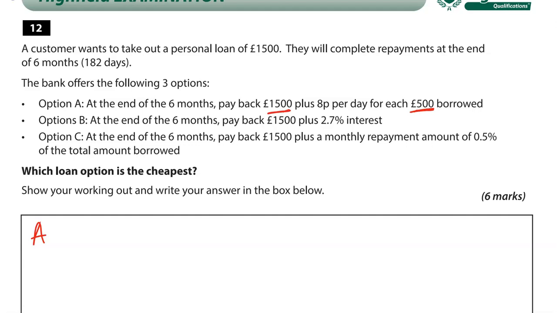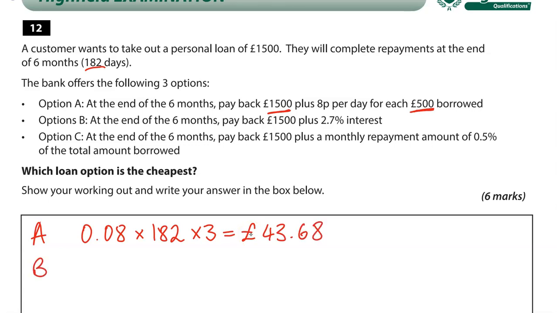So 8p per day, so that's 0.08 written as pounds, times how many days are there? It's 182 days. And as I said, it's 3 lots of 500 into £1,500. So we're going to multiply it by 3 as well. And that gives us £43.68.